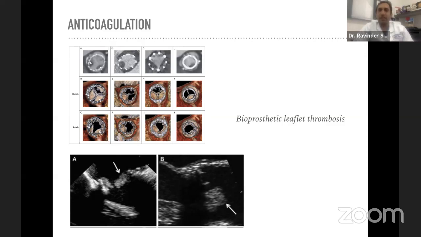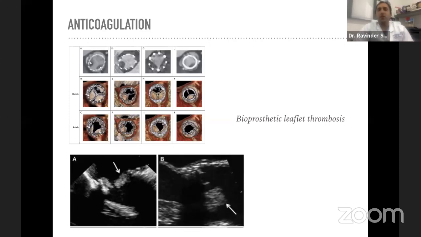These are the only indications where anticoagulation would be given to a patient who has undergone a transcatheter aortic valve replacement. So what do we give to these patients? Dual antiplatelets for 1 to 3 months, followed by single antiplatelet lifelong is the current strategy.